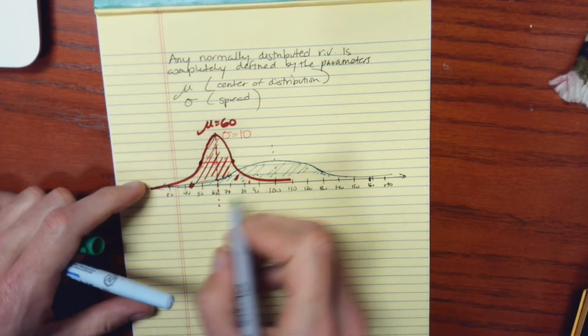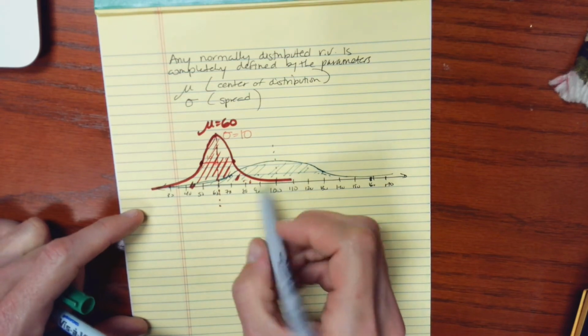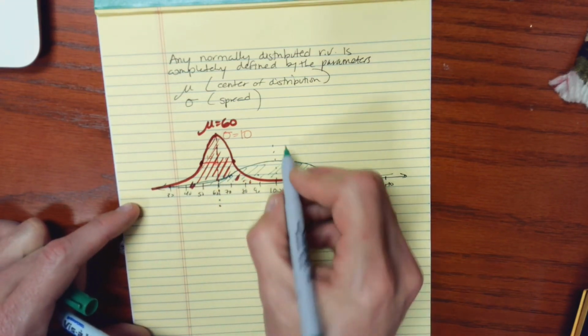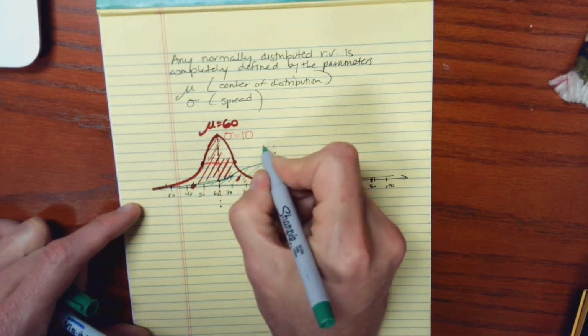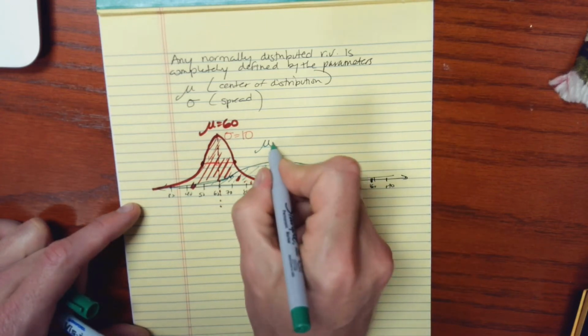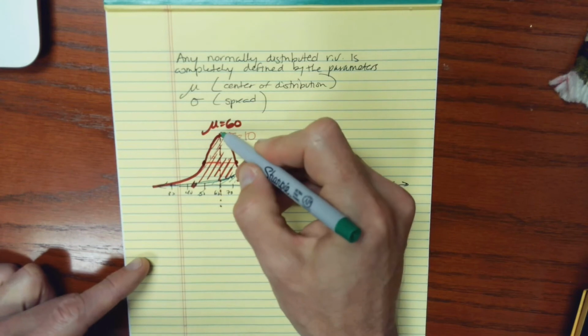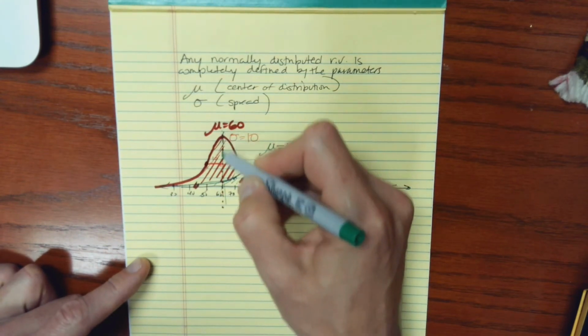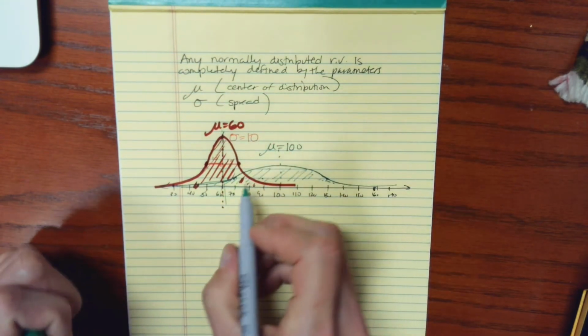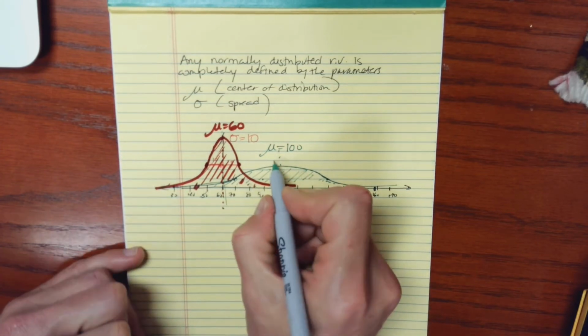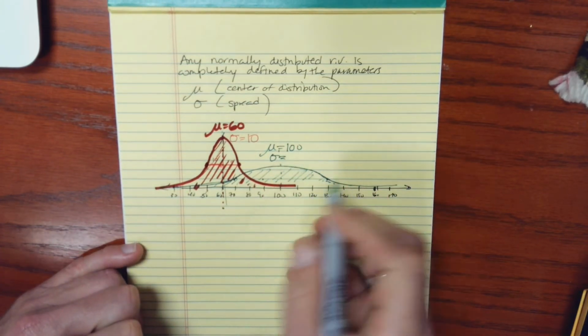then notice what happens when I change the mean from 60 to 100. All that does is shift the center of the curve from here over to here. But as far as changing the shape of the curve, it's the standard deviation.